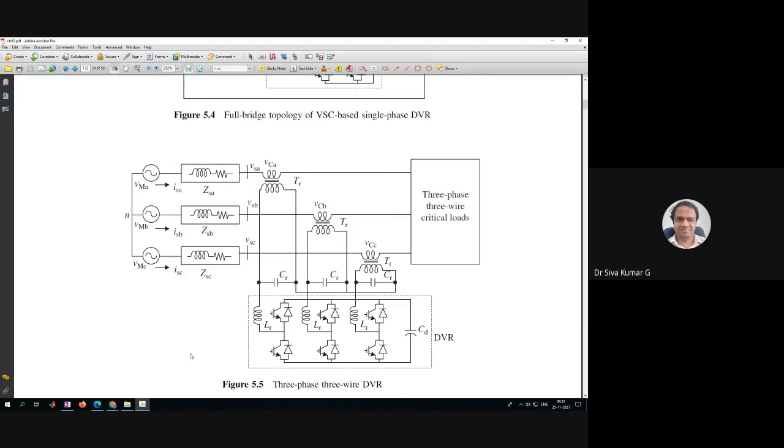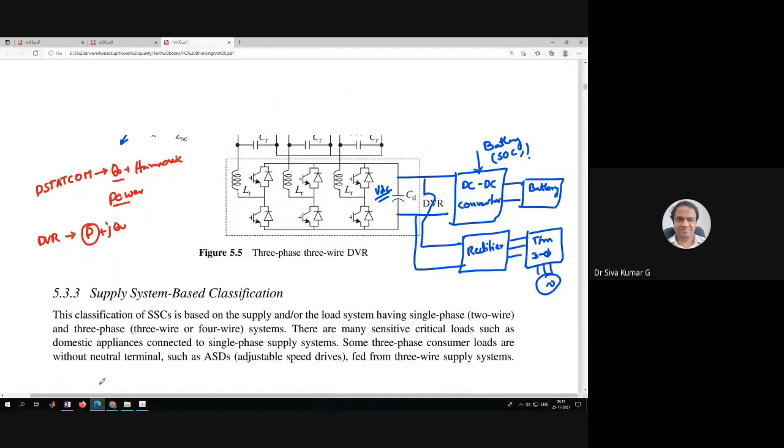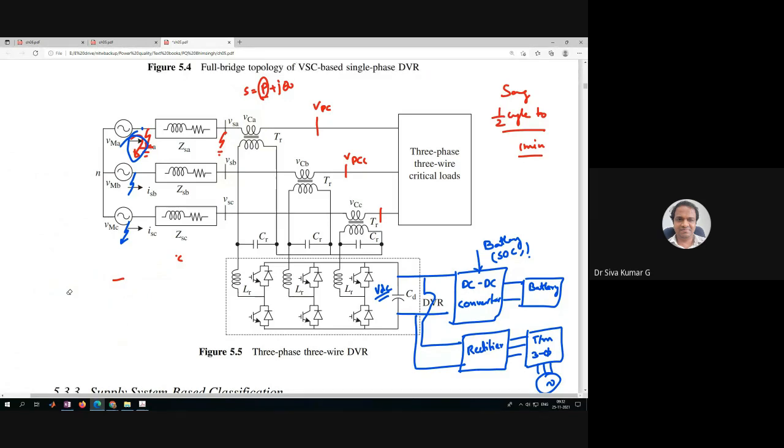Nothing but PS, what it says is the power which is injected by your source and the power which is injected by the DVR should be balanced.